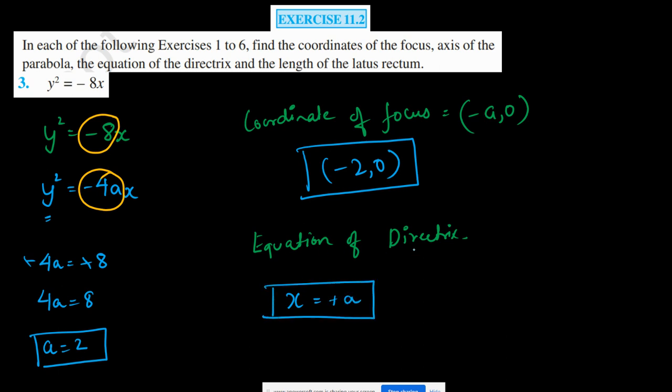Always the equation of directrix is going to be opposite. If we have y square, it is going to be x. If we have x square, it is going to be y. If we have a positive value, then we'll be having negative a. If we have a negative value, we'll be having positive a. This is how the equation of directrix can be found out.